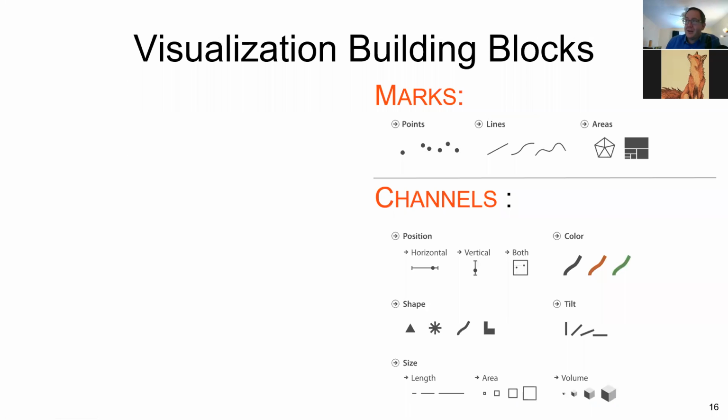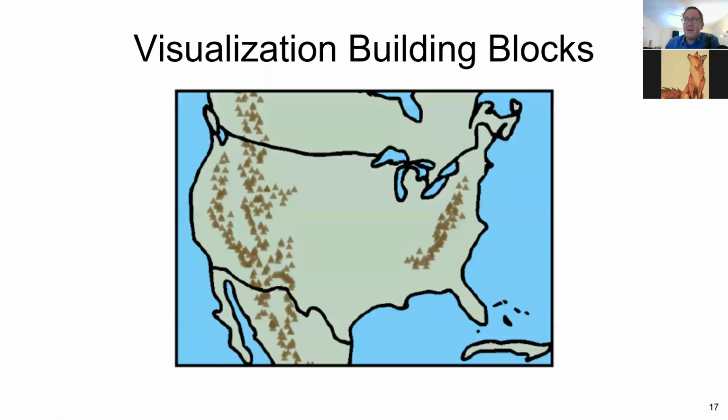So let's look at our marks and channels. Here is just a fairly simple visualization. We have North America. It's America-centric, obviously, in this case, but we have a bunch of glyphs on there, like these little triangles, that just indicate the mountain ranges. We have the separation between the different countries.